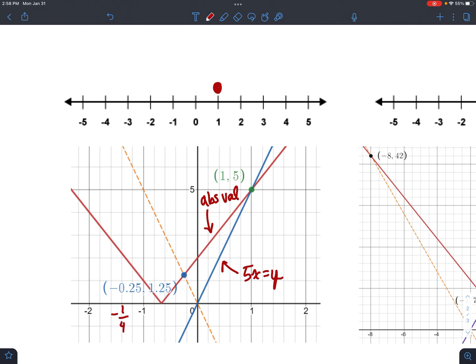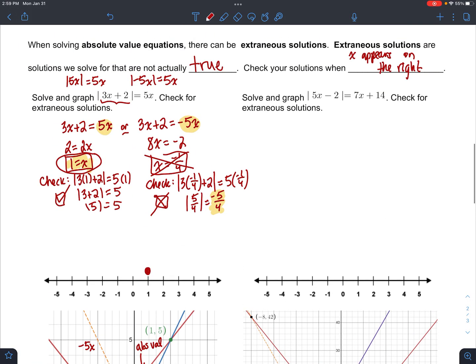Notice at the other point, which was minus a fourth, it goes through the absolute value, but it doesn't go through that blue line. And that dotted line is showing you minus 5x if you're curious, and it does actually intersect, but that's not our equation. Our equation does not have the minus 5x.